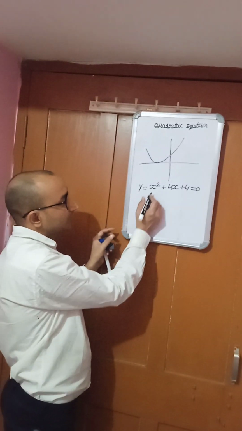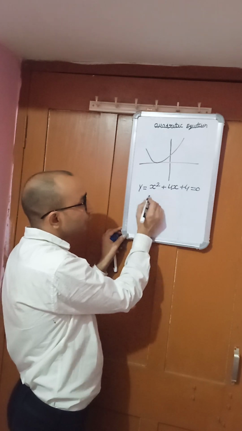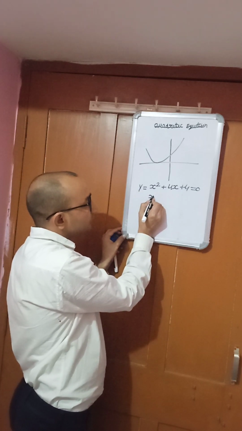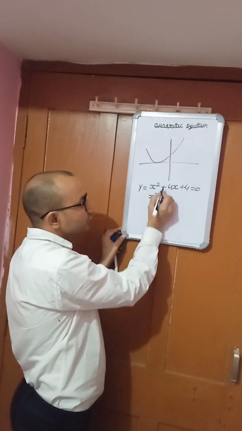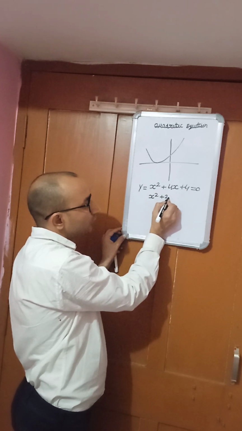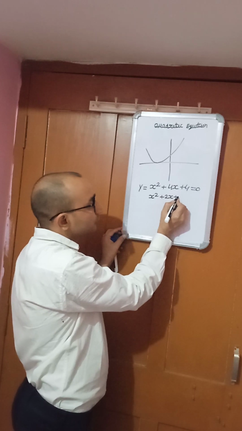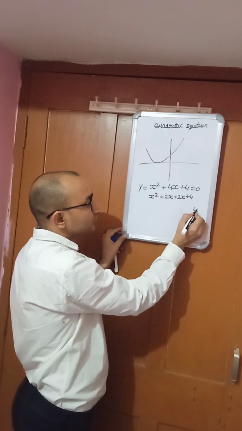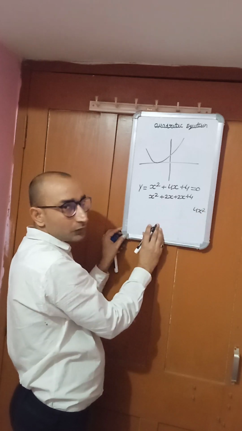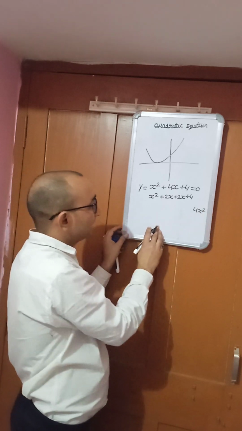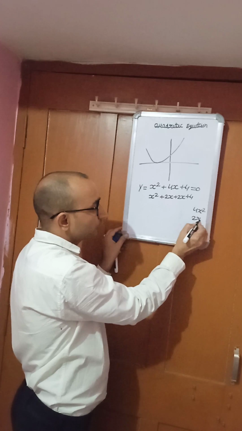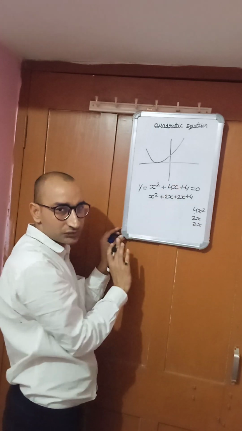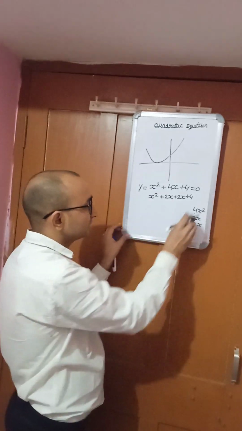Means see here, if we want to find the roots, then here x square plus 4x plus 4, this becomes x square plus 2x plus 2x plus 4, because when we multiply 2x and 2x it is 4x, and x into x is x square.